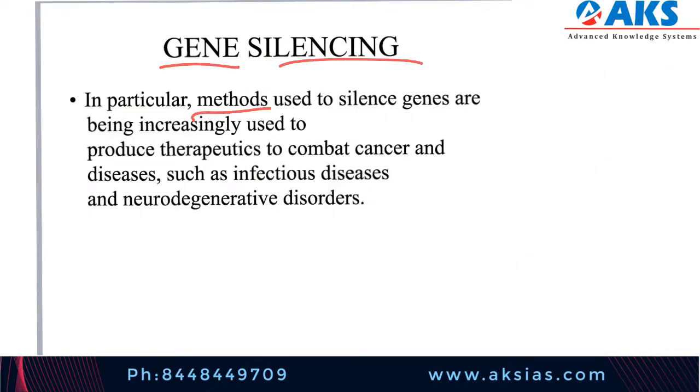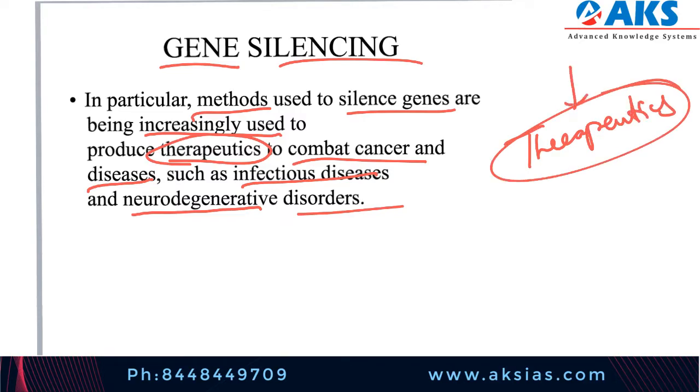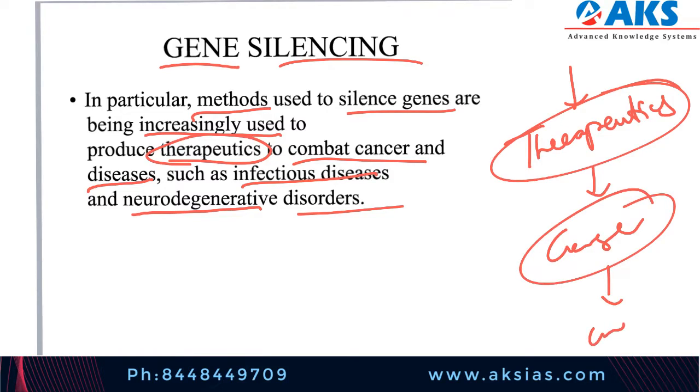The methods used to silence genes are being increasingly used to produce therapeutics to combat cancer and diseases such as infectious diseases and neurodegenerative disorders. That is, to create medicines like therapeutics, you are using gene silencing to cure diseases.